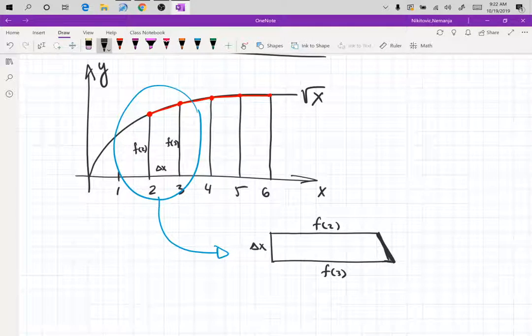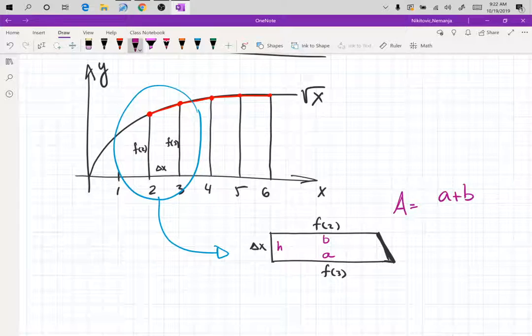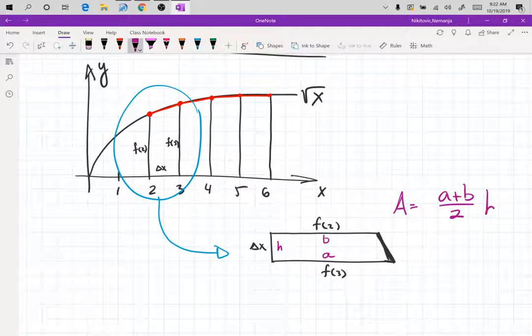Now, if you remember, for a trapezoid, the way they label is A, B, and the height. And the area of the single trapezoid is A plus B over 2 times the height.